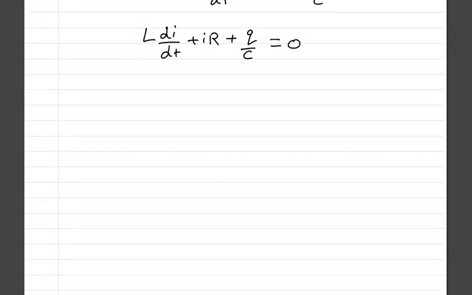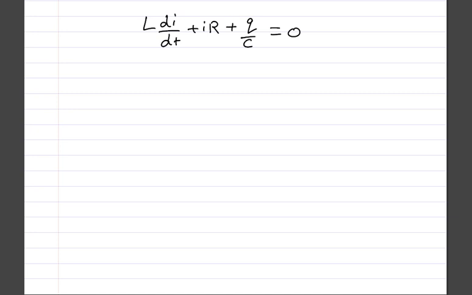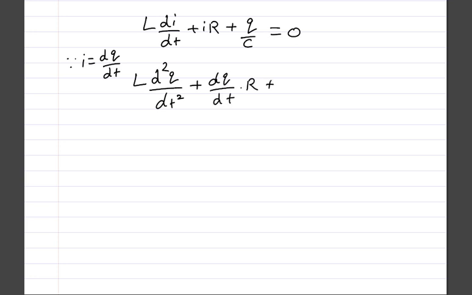As before, we have to write I in terms of Q. So this is L d²Q/dt², since I is equal to dQ/dt, plus dQ/dt into R, plus Q/C is equal to 0.